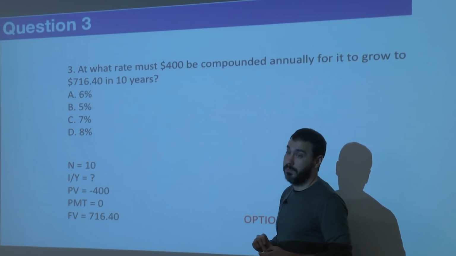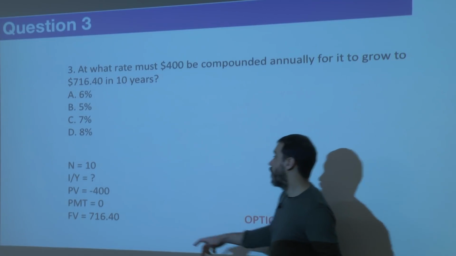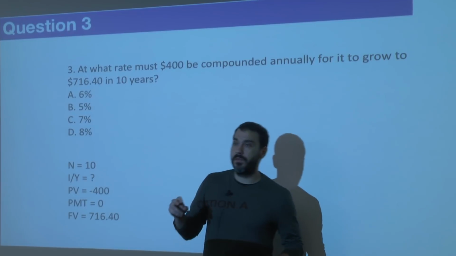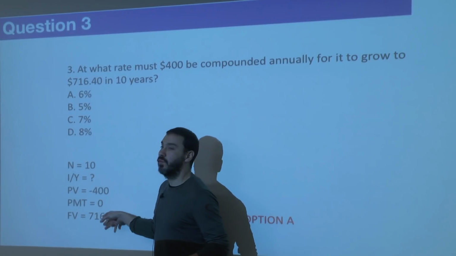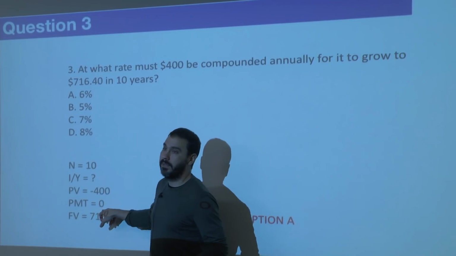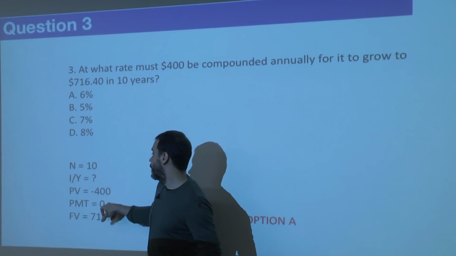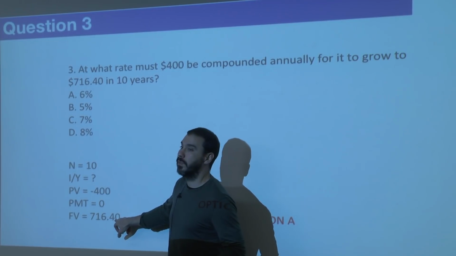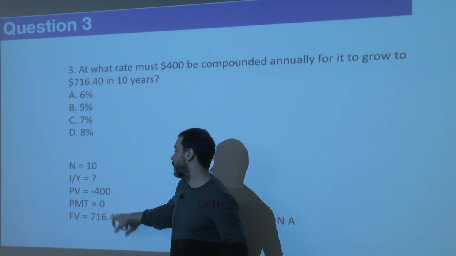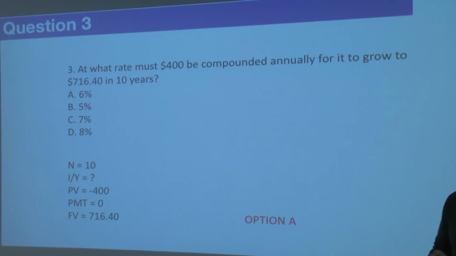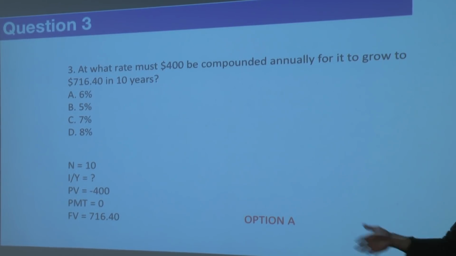You need to be consistent in your reasoning once you have a third variable like payments, because if you put a payment negative, it's the same direction of cash flows as the present value. If you put it positive, it's the same direction of this. In one case, you are receiving money from, for example, an annuity, as we will see. In the other case, you are paying into it.